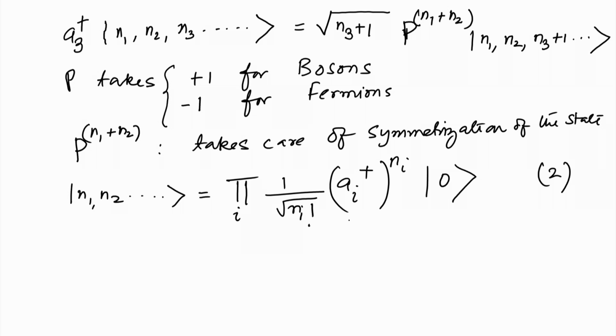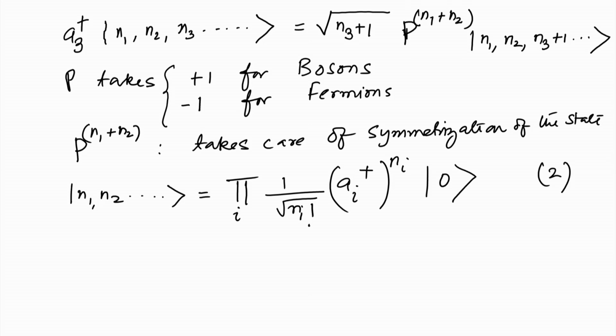this basically tells you that there is an n-fold application of this operator A dagger on the vacuum state to build a many particle state. Okay. Let us try to understand how the symmetrization is built in by the commutation relation of these operators. Let us take only two particles to begin with.